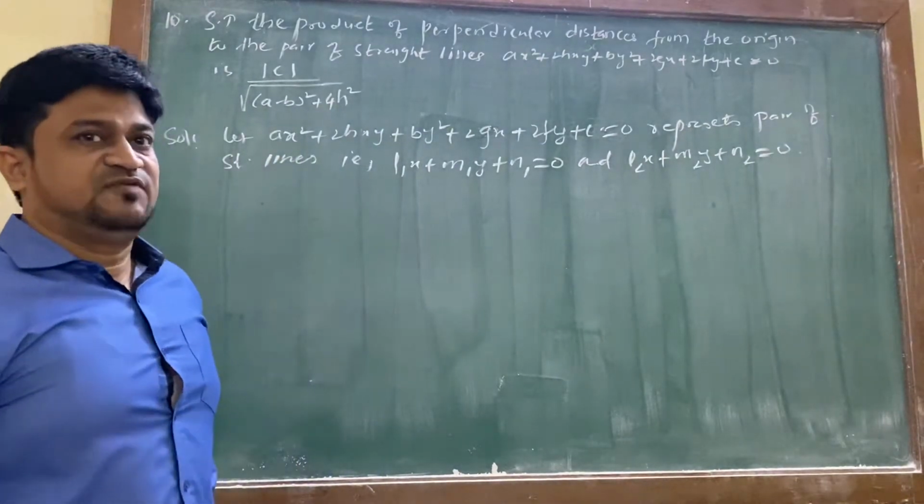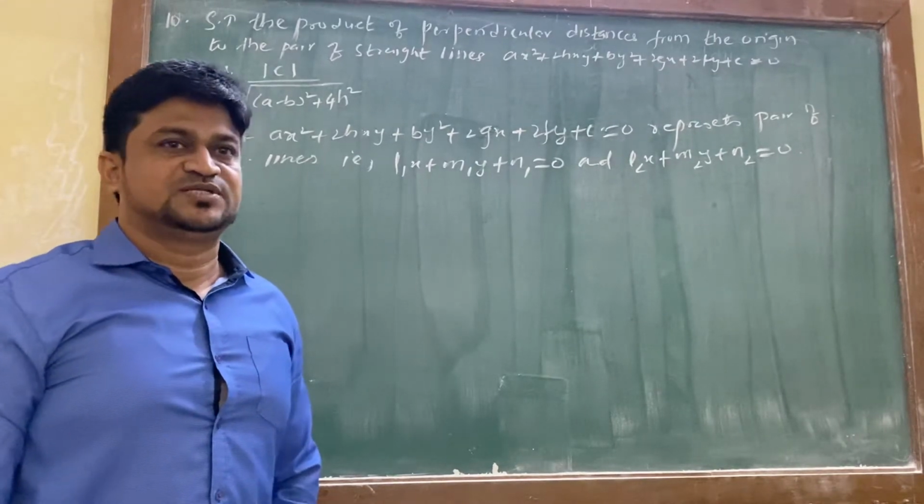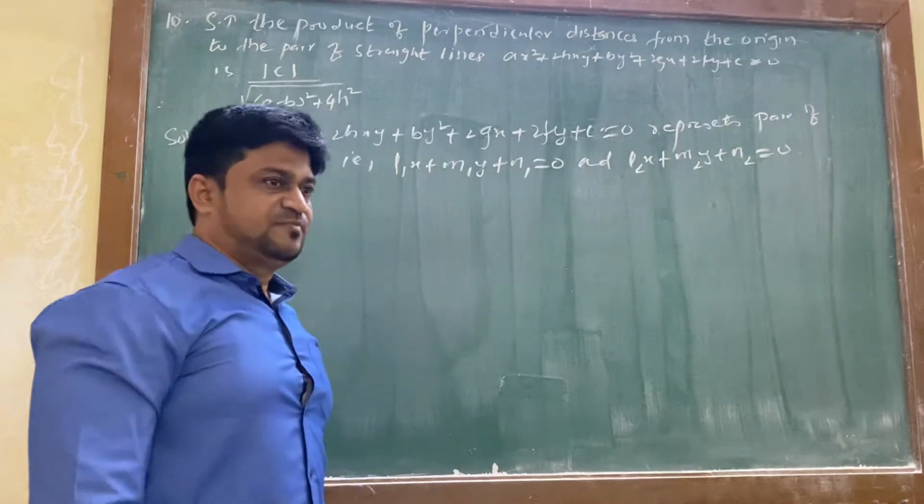This is the second kind. We have done one problem earlier based on this type, the 2g, 2h, 2f problem, no? Multiplied, that multiplication you need to remember.